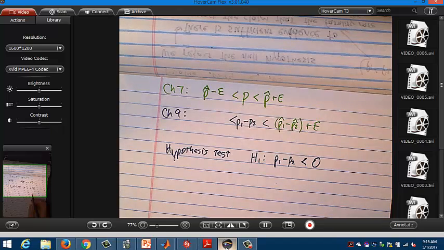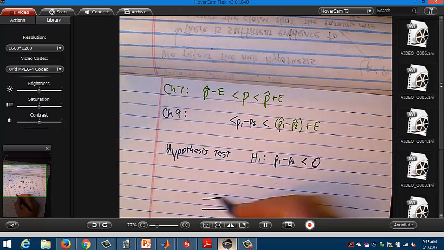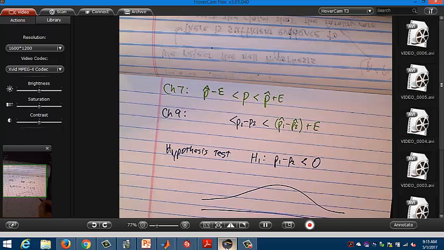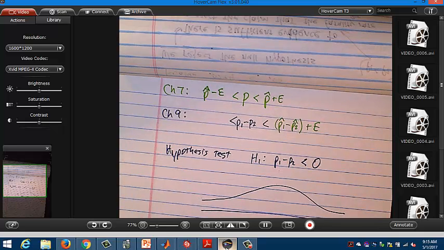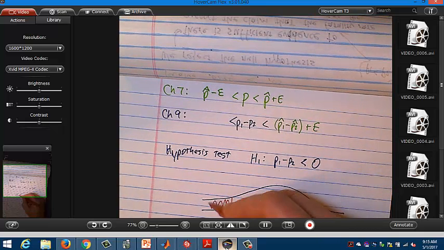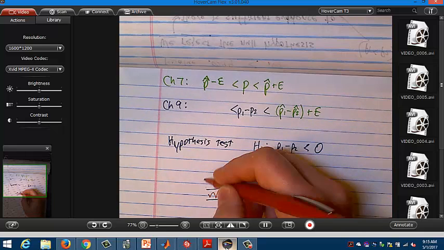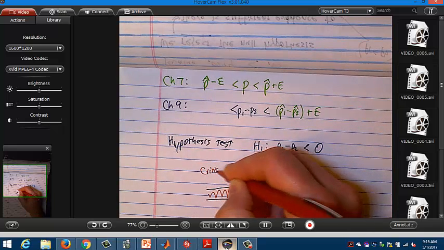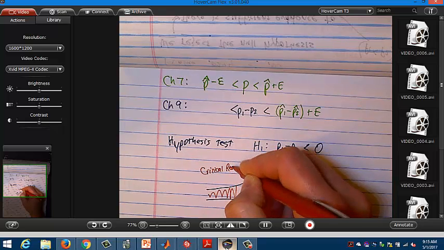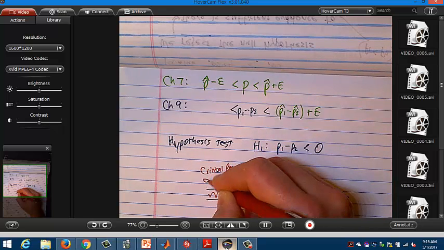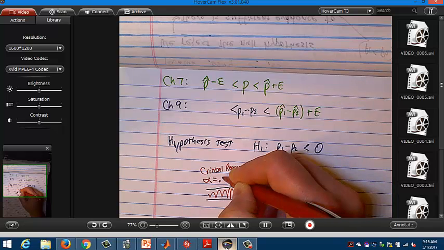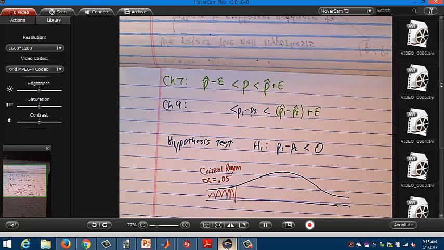Guys, is that a one-tailed test or a two-tailed test? That is a one. It certainly is, right? And since it's a less than, I'm thinking about a critical region over here, right? Well, guys, if you're going to do a confidence interval test, and by the way, what's the area of the critical region? I remember that the area of the critical region is also called the significance level. Alpha in this problem was 0.05, right?